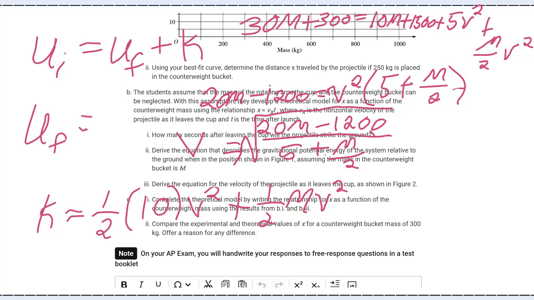So that's going to be our formula for velocity of the projectile as it leaves the cup. Okay, let's write that down because we're going to need that.